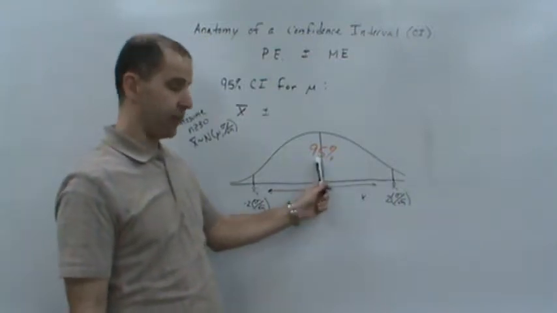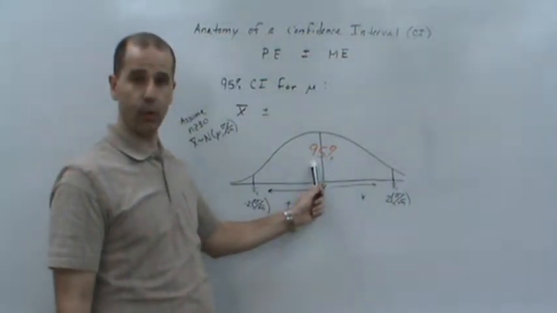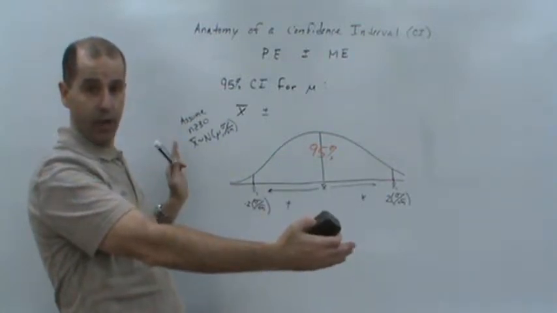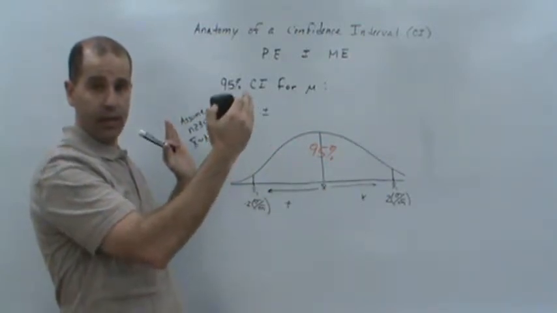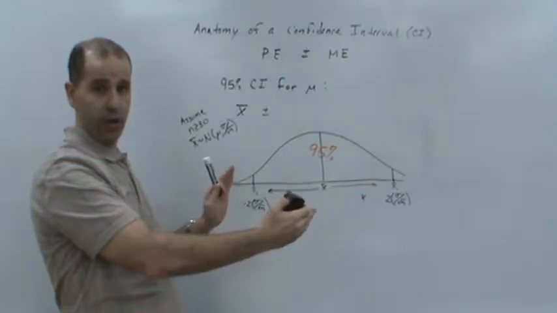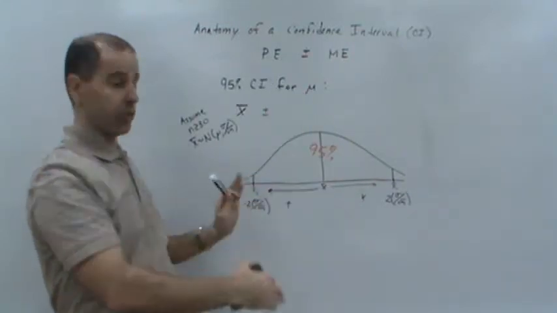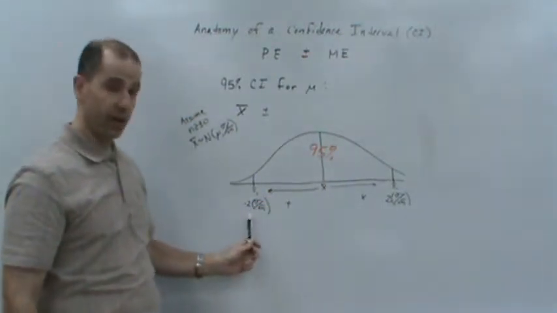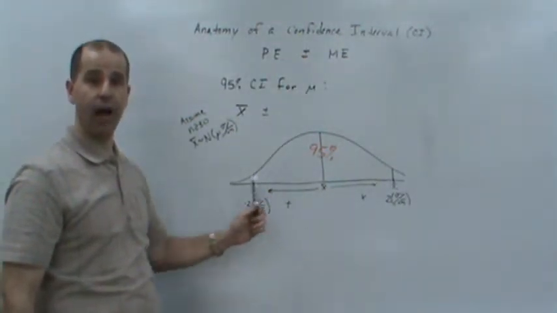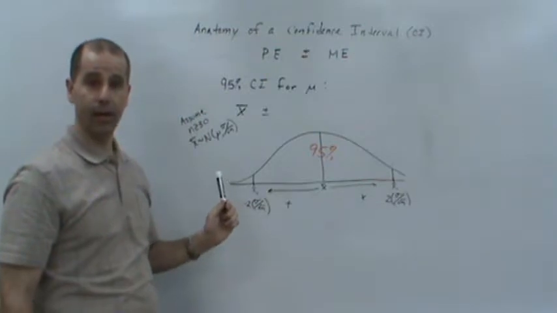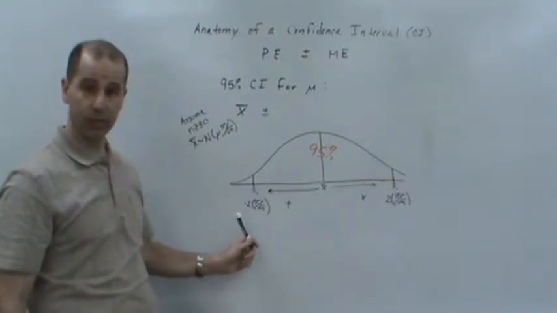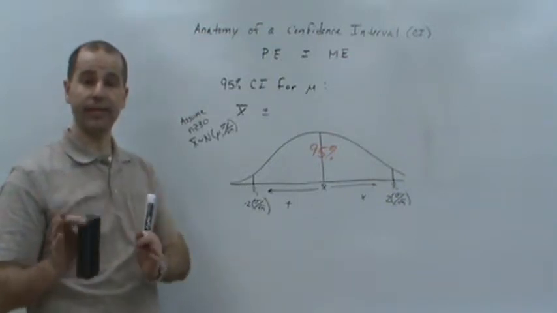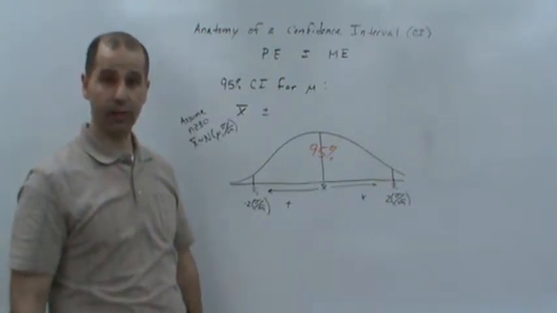But what if we use a different percentage? What if we want to capture 99% of all the values? What if we only want to capture 93%? What if we want to capture 98? Based on that percentage, it's going to change our Z-score. It's going to change how far we need to go out. So that's where we replace this with a Z-score, and that's going to help us determine the second piece of the confidence interval.